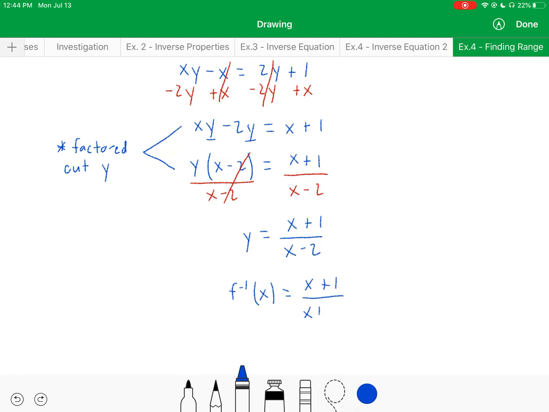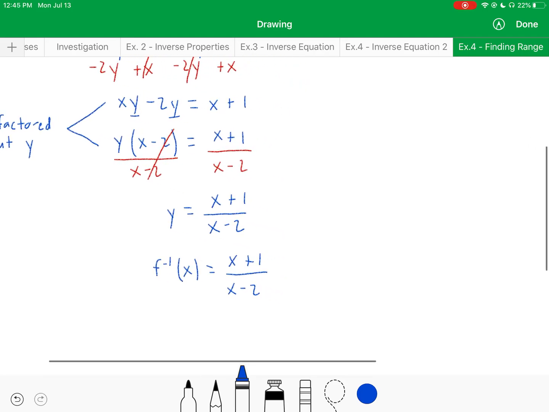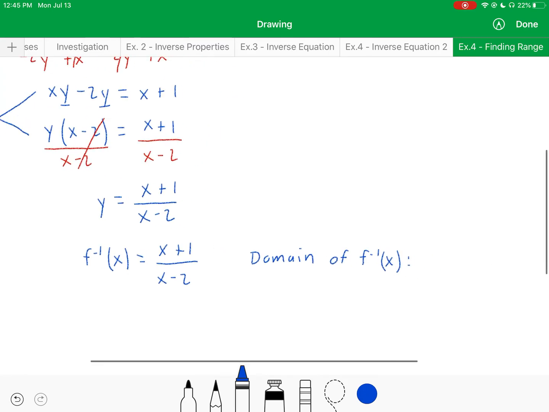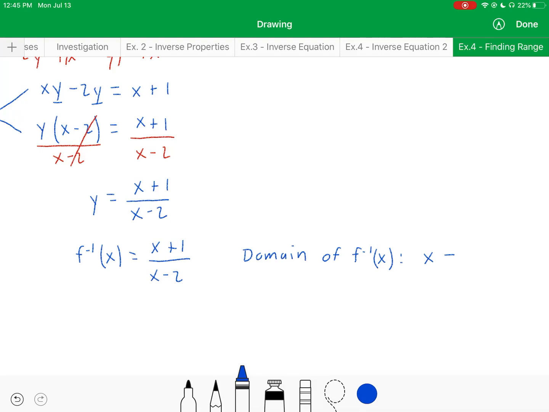And I want to ask myself, so what is the domain of the inverse? It's all real numbers except for 2, right? 2 is the only value that's going to make that denominator turn out to be 0.